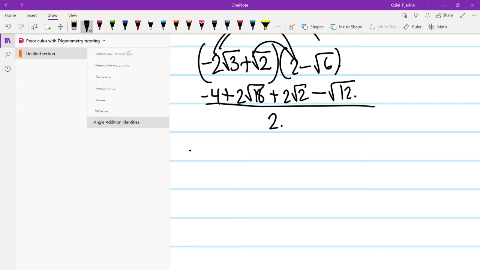So that's like saying negative 4 over 2 plus 2 square root of 18 over 2 plus 2 square root of 2 over 2 minus the square root of 12 over 2.